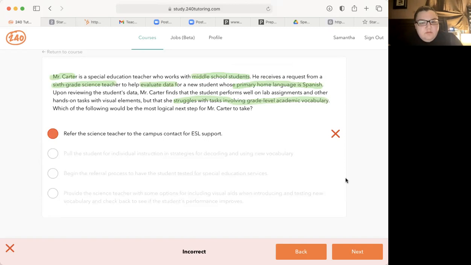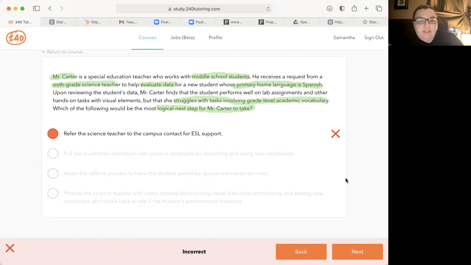Which of the following would be the most logical next step for Mr. Carter to take? We have a student, a sixth grader, who does great on assignments but struggles with tasks that involve grade level academic vocabulary, and the primary home language is Spanish. So what should Mr. Carter do next? Well, I had put refer the science teacher to the campus contact for ESL support, but that was wrong.